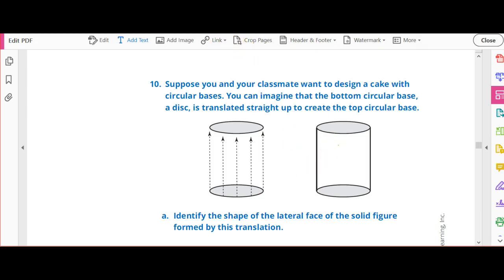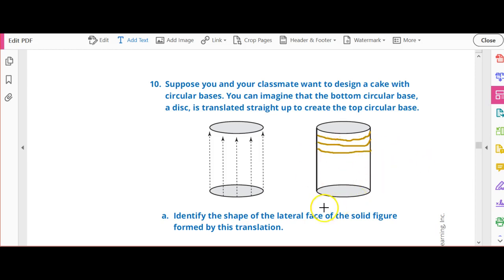Okay. So now, if I think of this as a soup can, and think about this as the wrapper on the can, the wrapper follows around the top, and it appears to have a curve, because it follows around the side. This whole face that wraps around the can like the wrapper does is the lateral face.